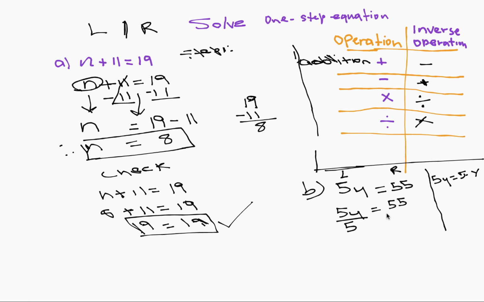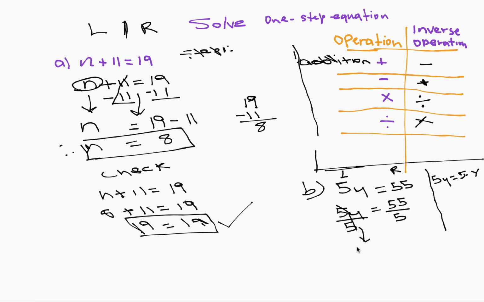And remember, rule of thumb, rule you must remember, whatever you do on one side of the equation, you must do the same on the other side. So I divide by 5 on the left side of the equation. Now I'm going to divide by 5 on the right side, okay? This cancels out. What's left on this side of the equation?